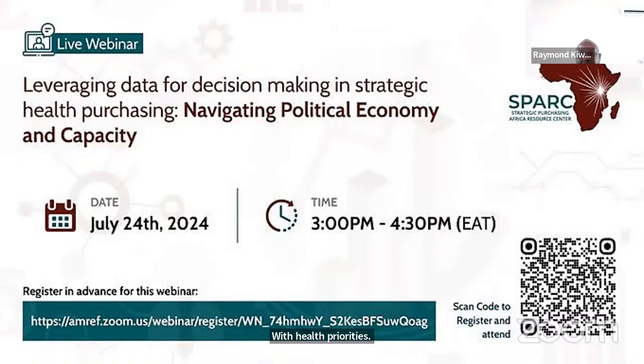We have the National Health Insurance Fund, as well as the Improved Community Health Funds, which are responsible for purchasing health services for their members. They use strategic purchasing to negotiate contracts with healthcare providers and ensure services are provided and aligned with the national health priorities.